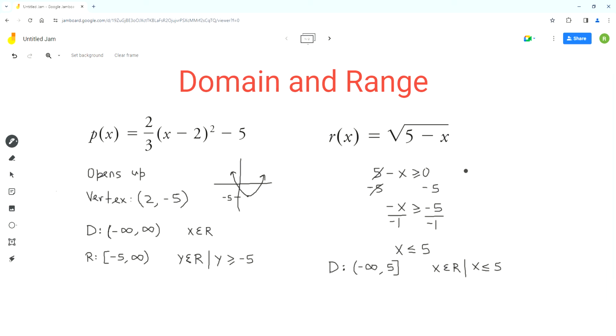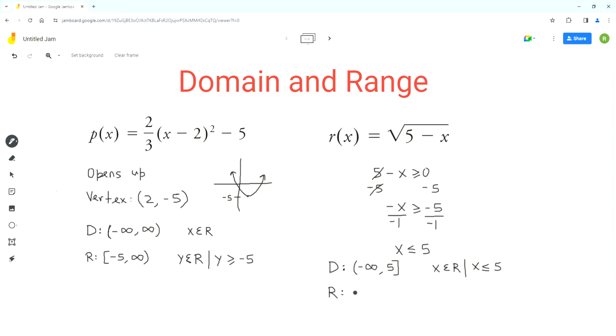Now we have to find the range. Now this is a square root function, so the result will always be a positive number. So therefore the range will be any value greater than or equal to 0.